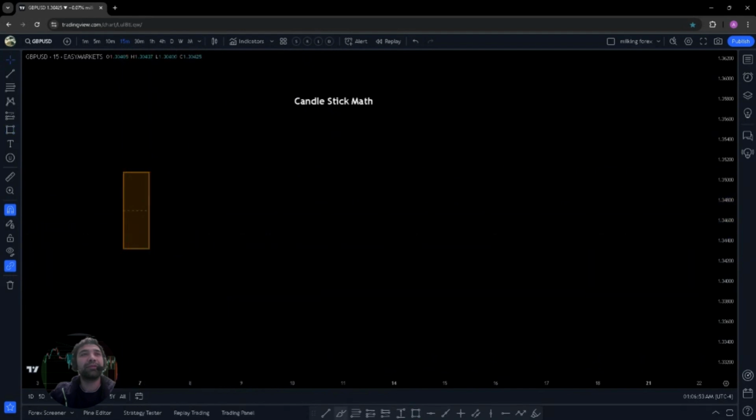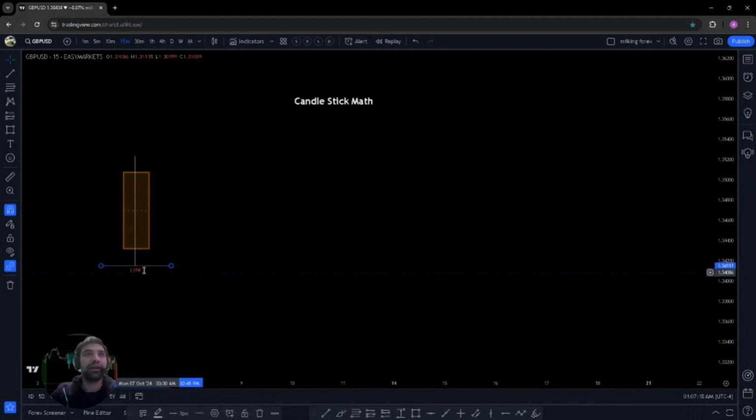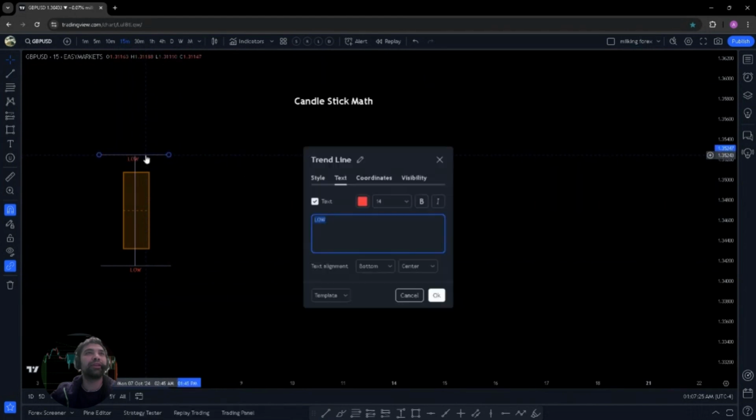So for example, this is our candle, and by the color we can see this is our bearish candle. Let's mark some lines. Guys, you don't need to mark lines every time, but right now, for the explanation, I am doing it so that you can understand well.